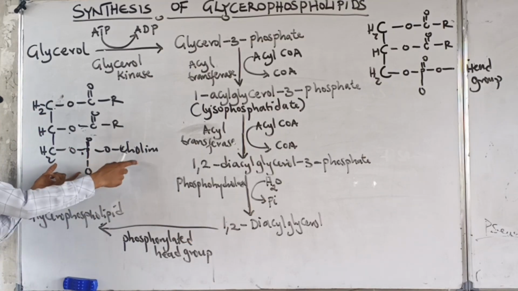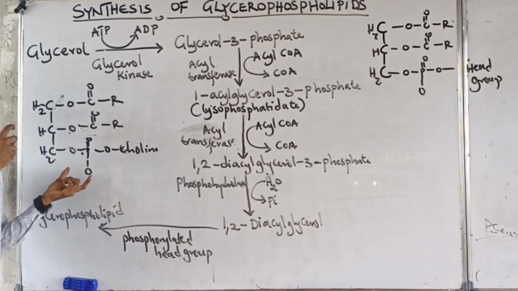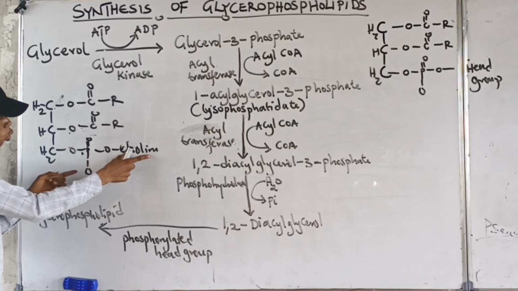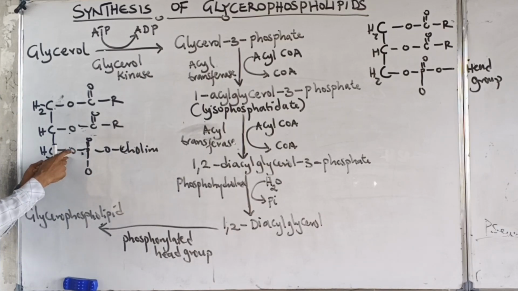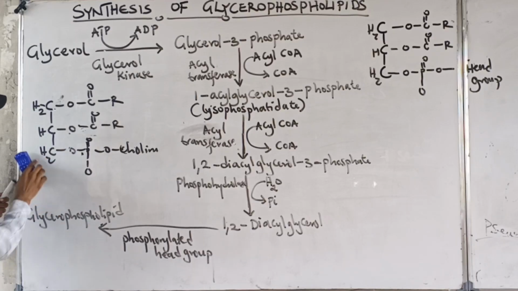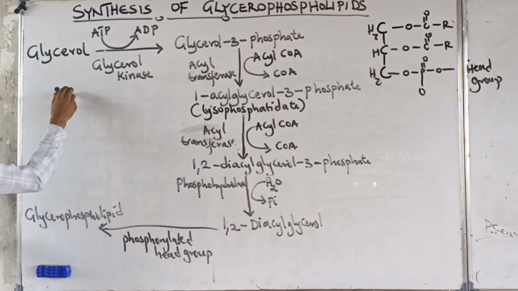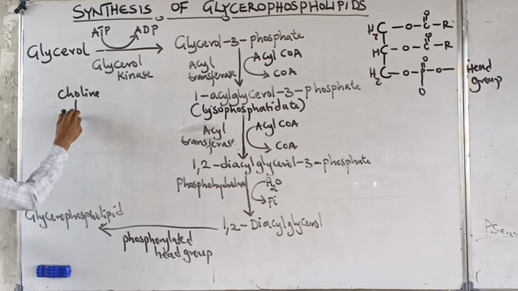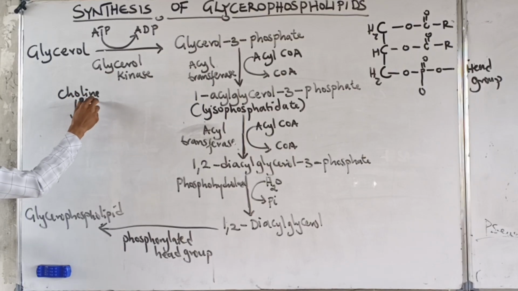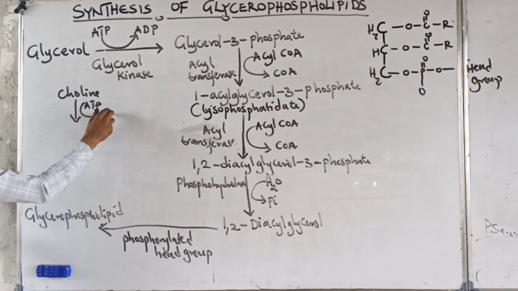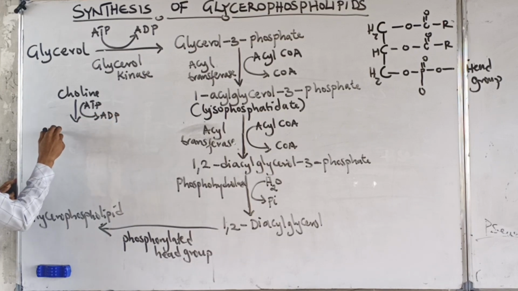So if choline is coming in, it must be coming in as phosphocholine. That is, choline attached to phosphate so that it can attach to this position. So if choline is coming in, we can have something like this. From choline, we can activate choline with ATP, and ADP is going off to form phosphocholine.